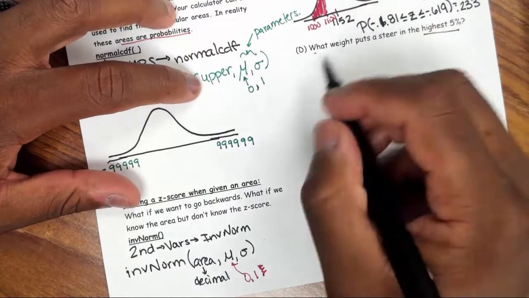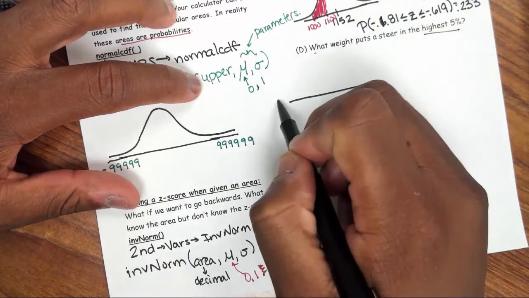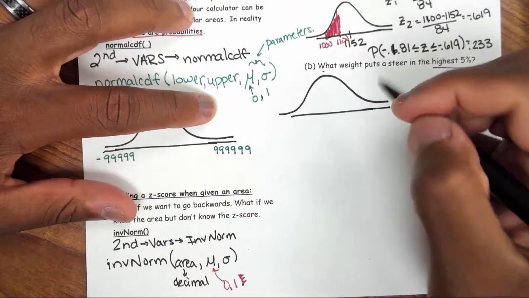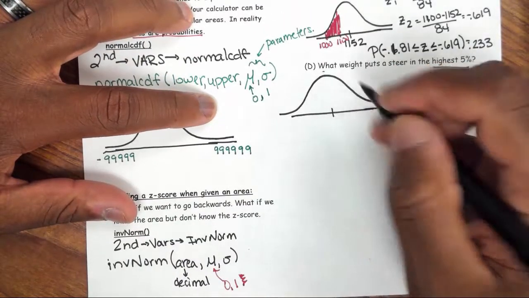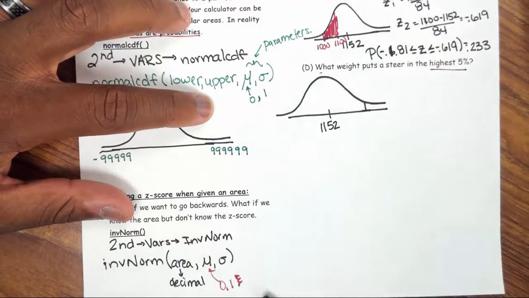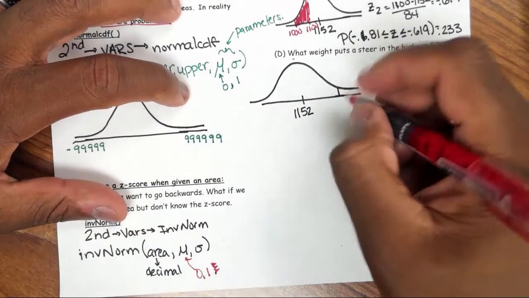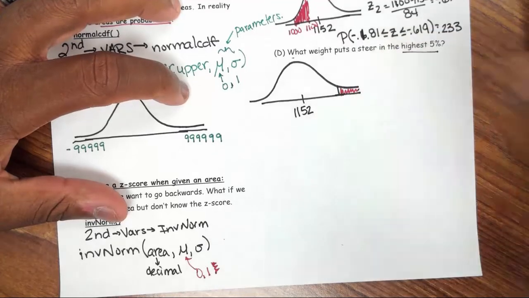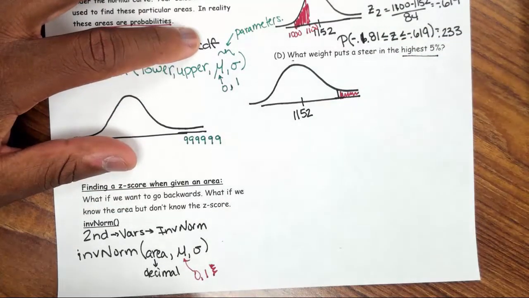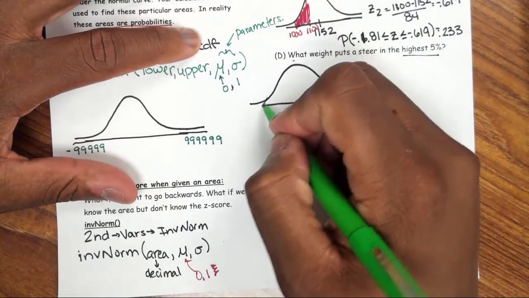So let's go back to this. This one I wanted to be in the highest 5%. Here's your mean at 1152. The highest 5% is somewhere out here. The way this formula works, it only calculates the left-hand side of the curve. So this formula will only calculate back this way.